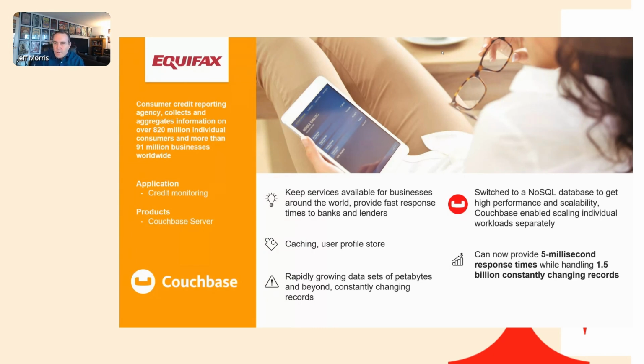They built out a user profile store here, and their data itself has grown into the petabytes, and it's constantly changing and evolving. So they moved from a relational system to a NoSQL system in order to scale that environment significantly more effectively, and provide millisecond response times while handling, like I said, 1.5 billion records that are changing all the time. So very, very large volumes of profile information for credit monitoring.